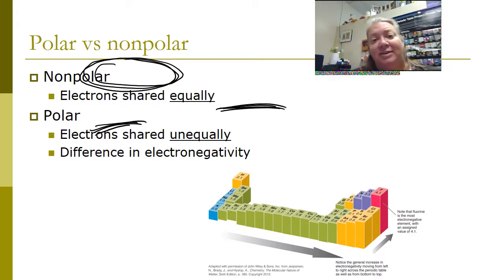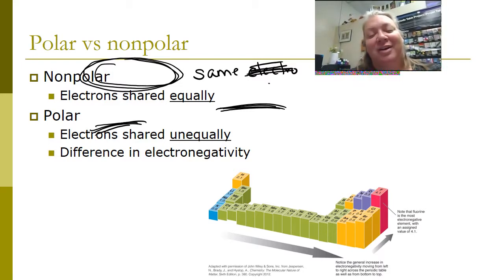Now, an easy way to tell if something's going to be nonpolar or polar, if it's a diatomic where it's the same element, a lot of times we'll say that that one's going to be nonpolar. I shouldn't talk and write at the same time. Here we go, same element. So if both atoms are the same element, so 2 hydrogens, 2 chlorines, 2 bromines, it's probably going to be nonpolar.